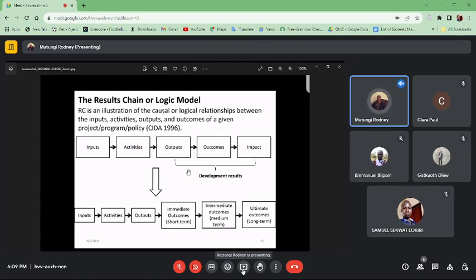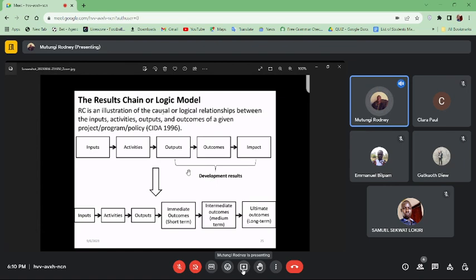From health education, you need a short-term goal, which is called an output. From that activity, you will have people who are educated. After they have been educated, there is a mid-term goal, which we are calling the outcome, where we expect behavior change, from eating an unbalanced diet or non-nutritious food to eating better, nutritious food.